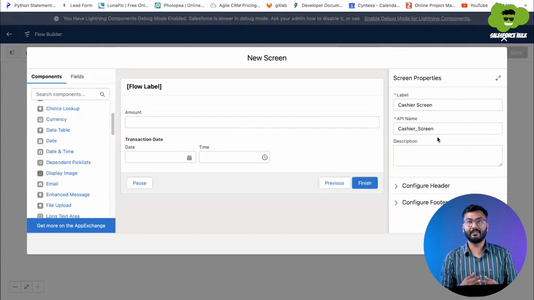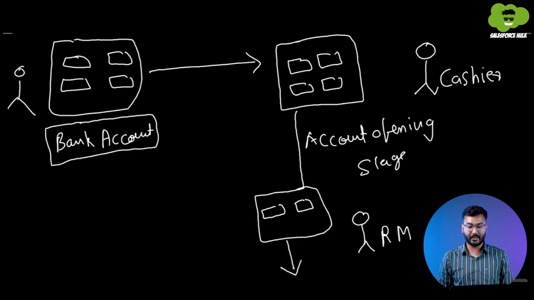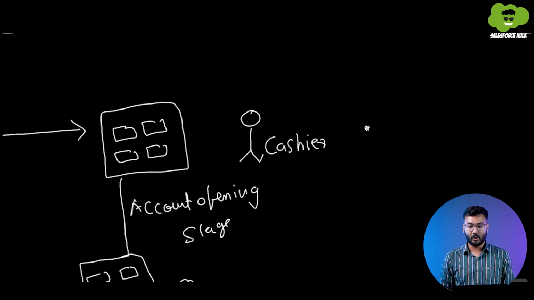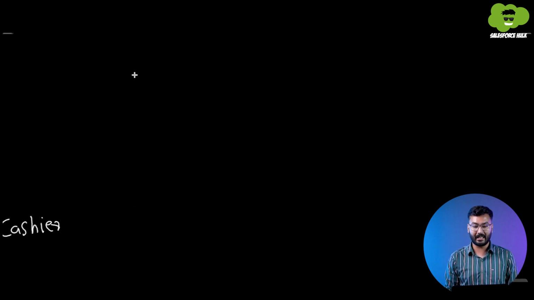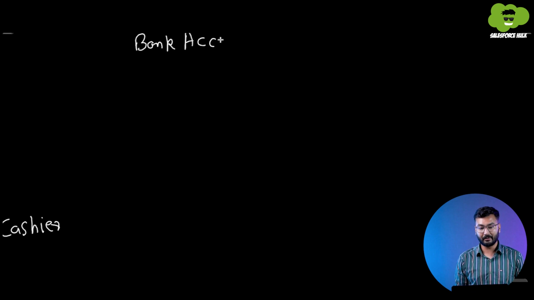Okay, now whenever we'll be creating a transaction record, I told you there are two objects which we have created: one is bank account, another is transaction, right?